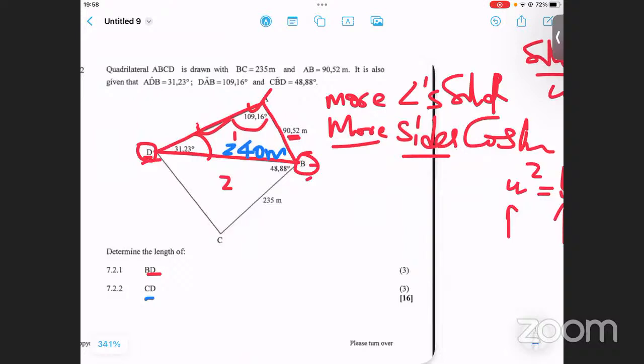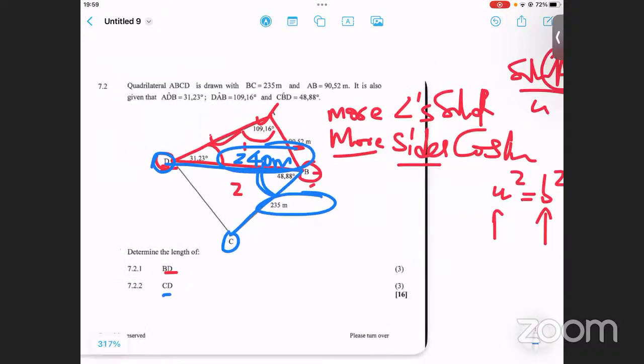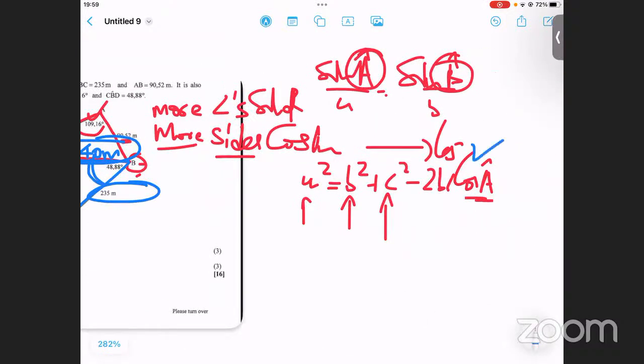So now can you see the next question? They say find CD, where you've got a side and an included angle, an angle in between the two sides. Because you have more sides than angles, that's when you can consider using the cosine rule.